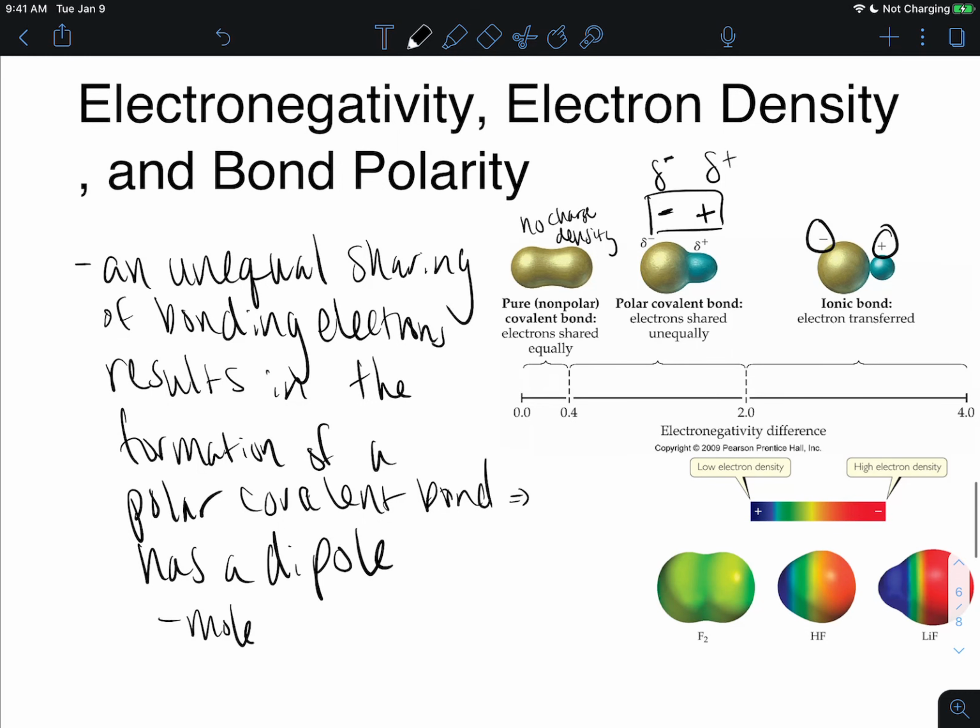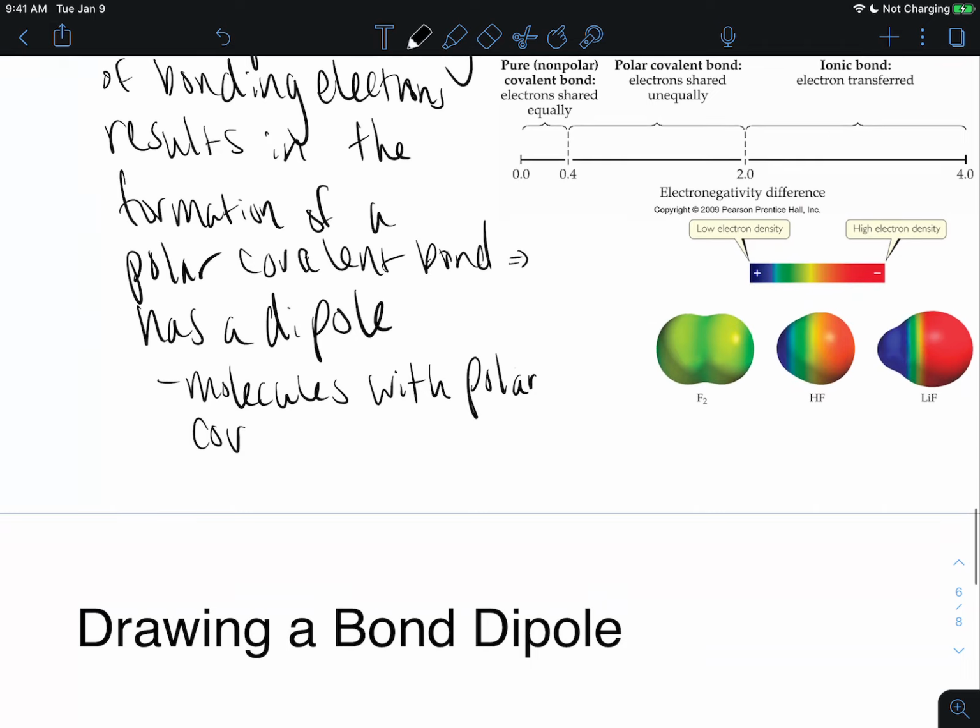So molecules with polar covalent bonds will contain partial charges.